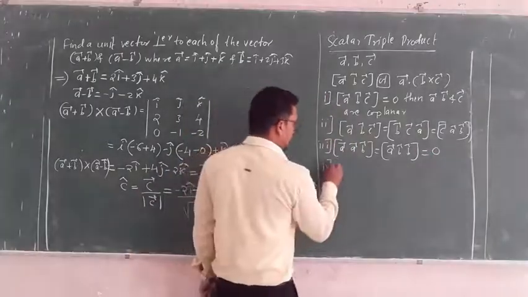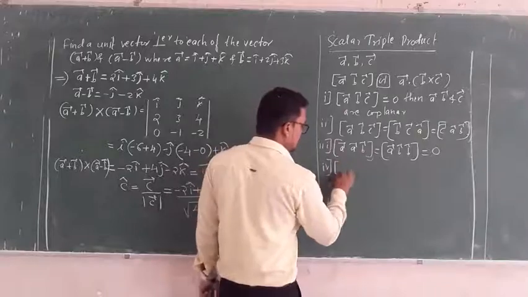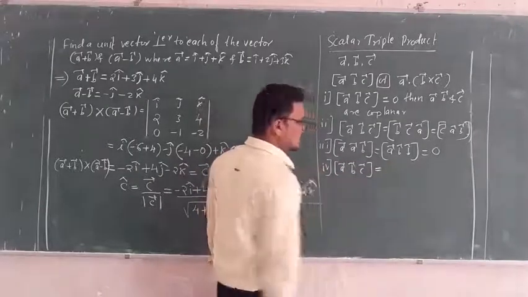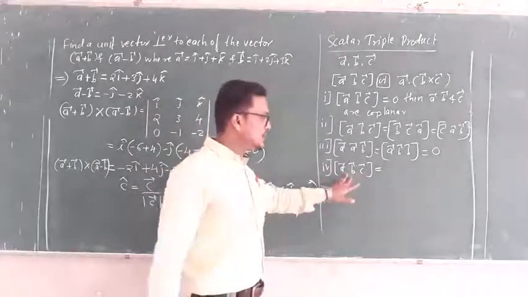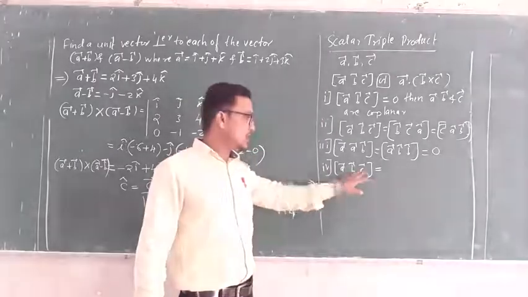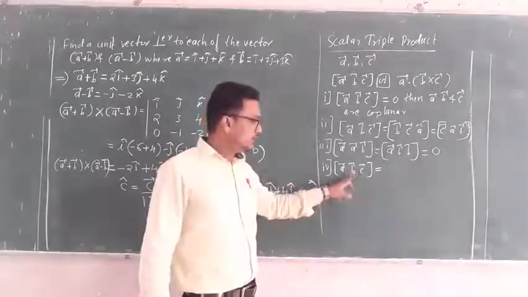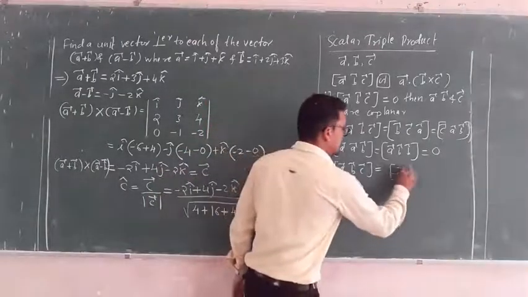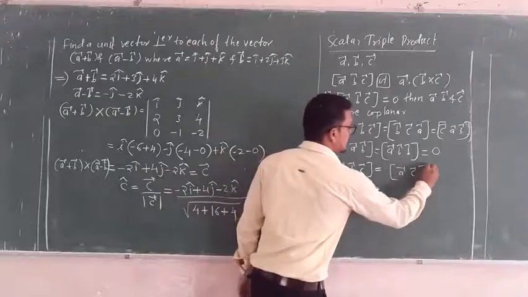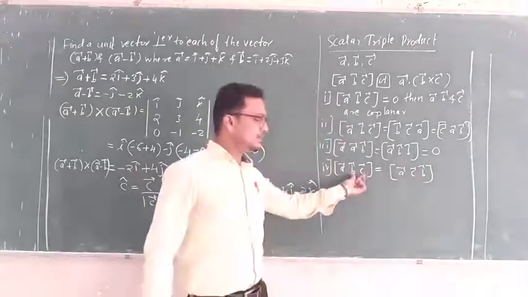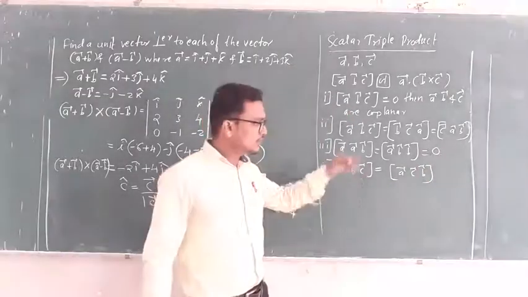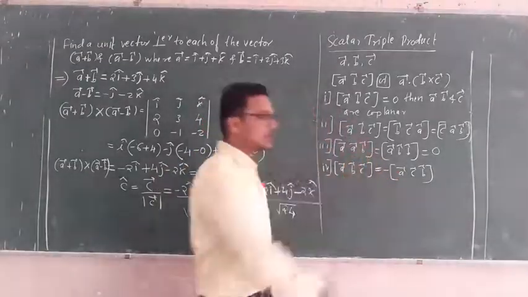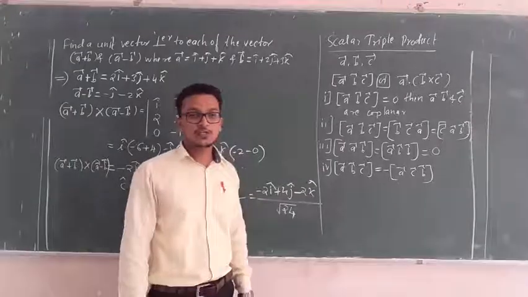Next, fourth: in the scalar triple product of A, B, C, if you interchange the place of any vectors, for example, A, C, B, I have interchanged the places of B and C. When you interchange the places of B and C, then you write that scalar triple product with a negative sign.